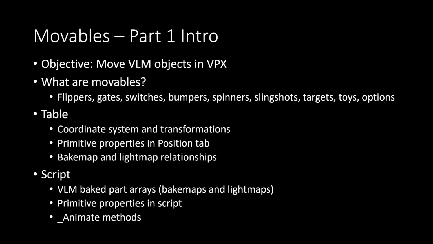So say you have a toy that you want to sometimes show or maybe optionally hide, then that toy will be separated from the rest of the objects so that you can individually make it visible or invisible. So it doesn't necessarily need to move, but you can still affect its properties separately. This video will talk about all this stuff in general, and in the next few we'll get into some specifics.